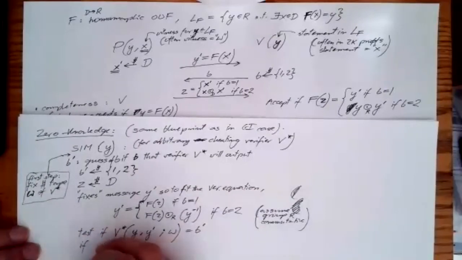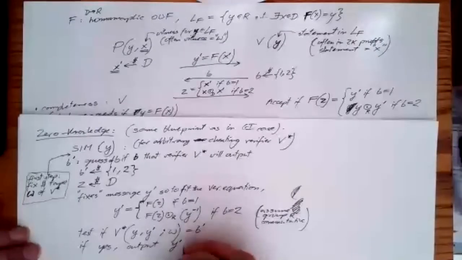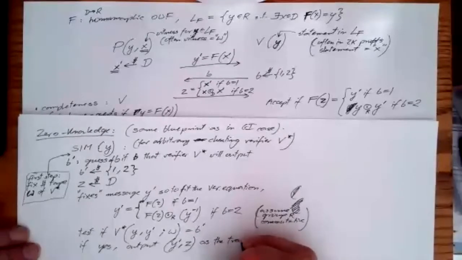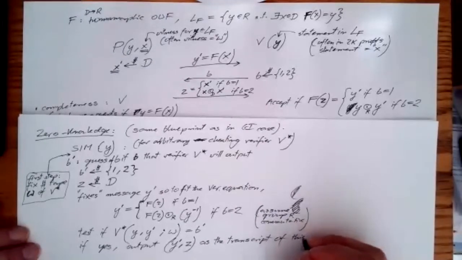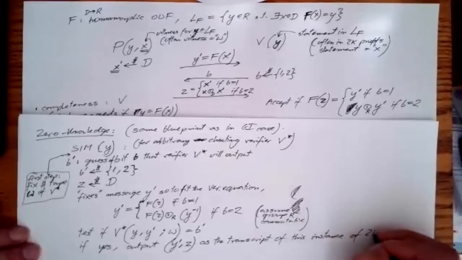If yes, output Y prime and Z as the transcript of this instance of the zero knowledge proof.